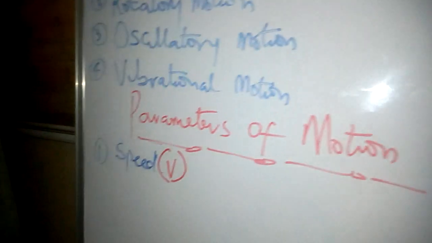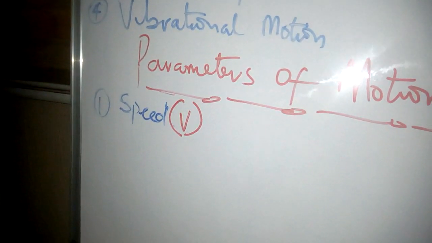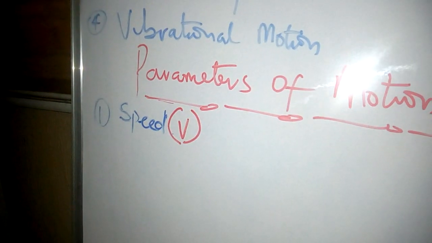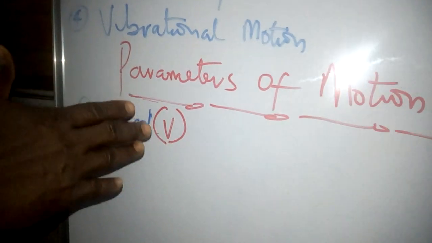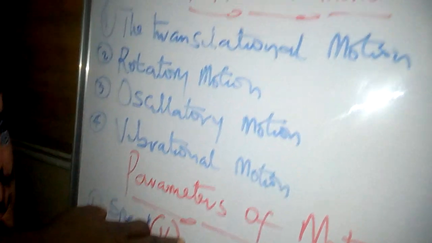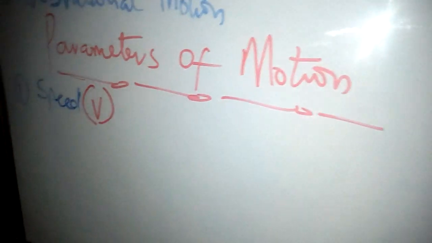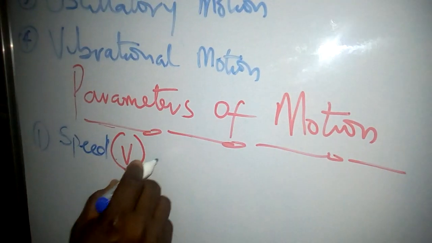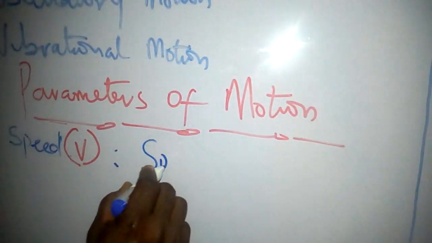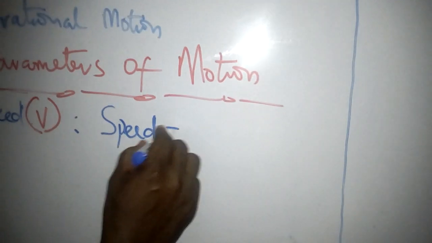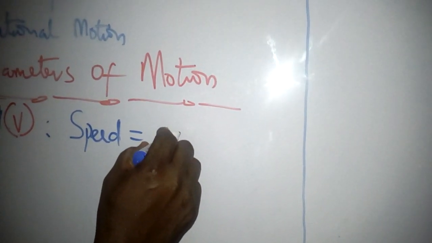Speed is defined as the rate of change of distance with time. Therefore, speed v is equal to the rate of change of distance with time.